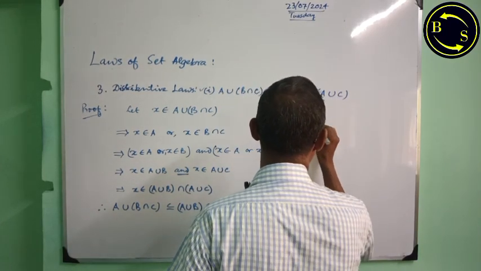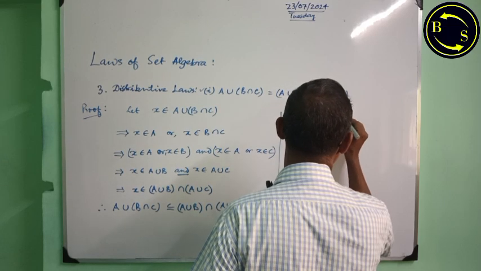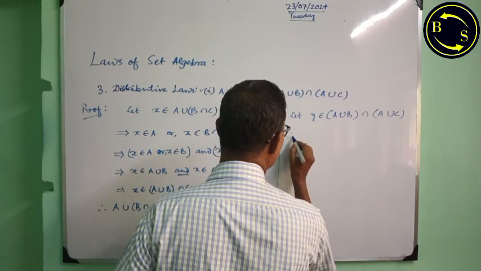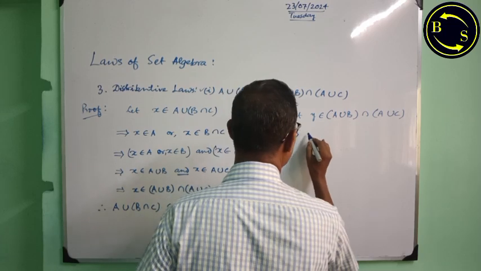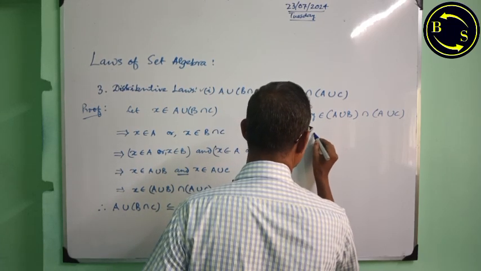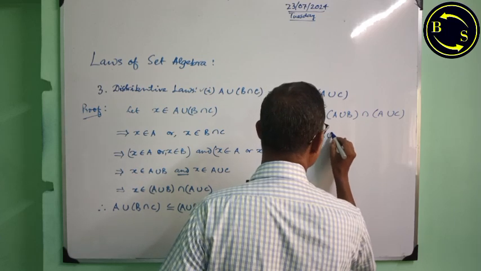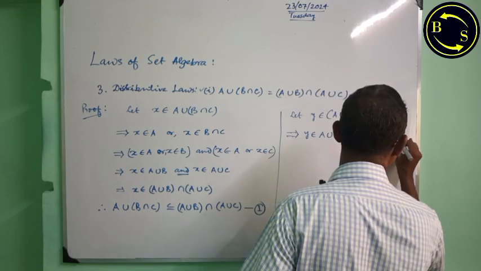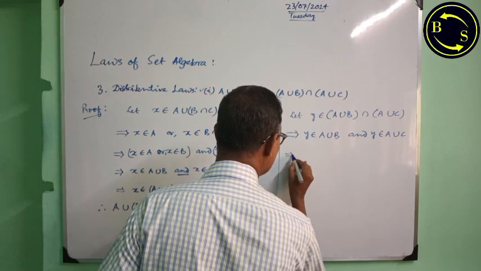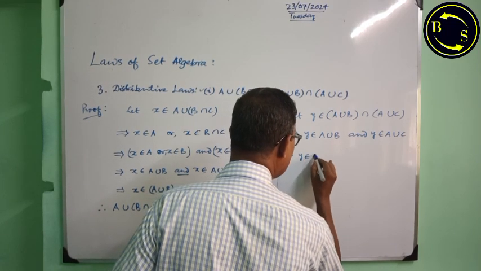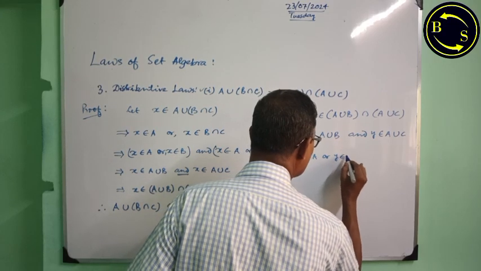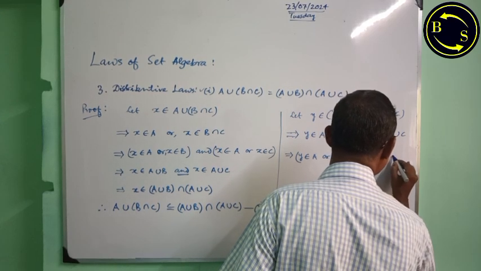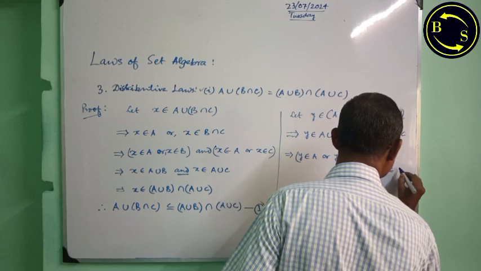Let Y belongs to A union B intersection A union C. Therefore, you can use the symbol implying Y belongs to A union B and Y belongs to A union C, which implies Y belongs to A or Y belongs to B and Y belongs to A or Y belongs to C.